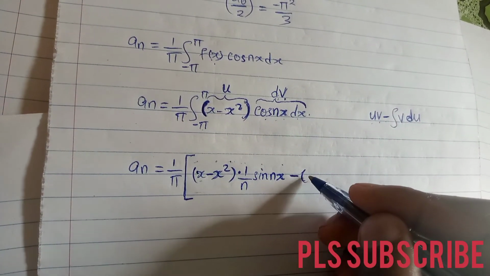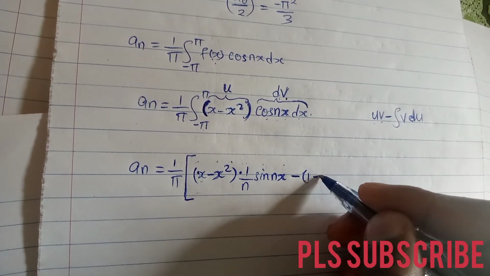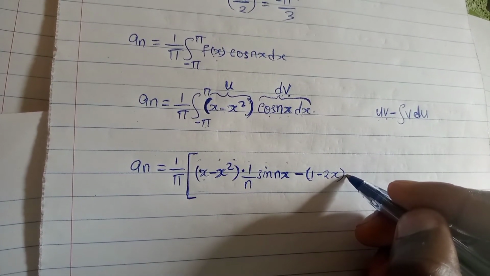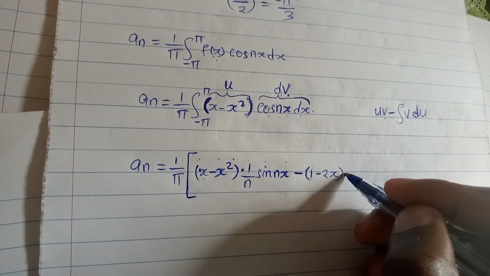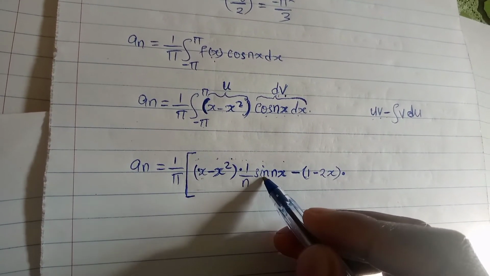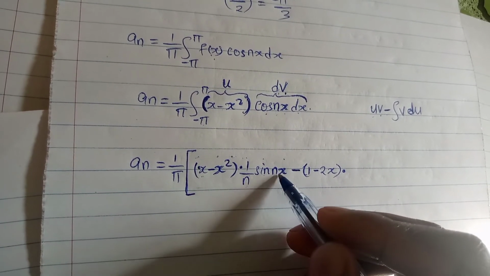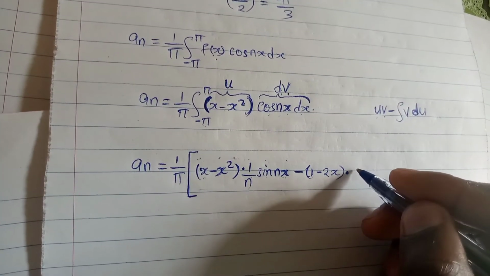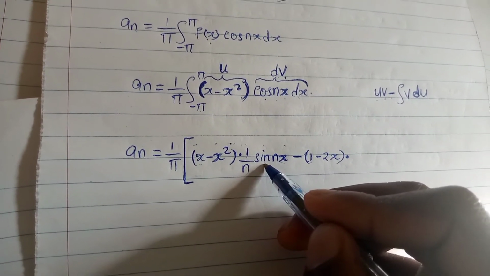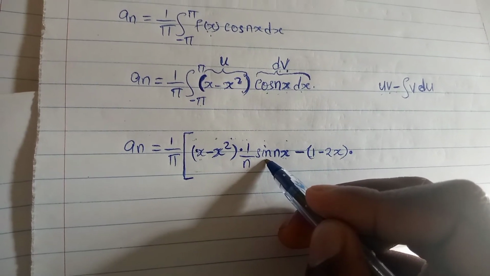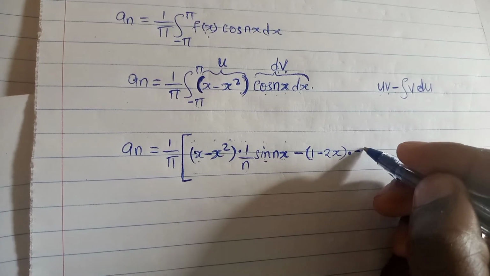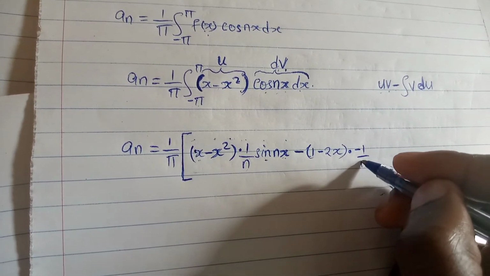So we are going to get 1 minus 2x, then we multiply with, we now integrate this part, 1 over n sine nx. We integrate this part with respect to x, and when we integrate sine nx, we are going to get negative 1 over n cosine nx.